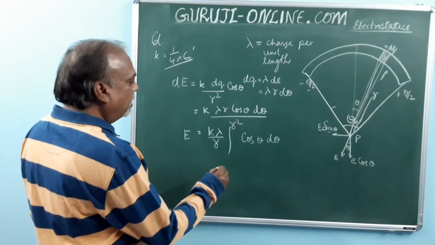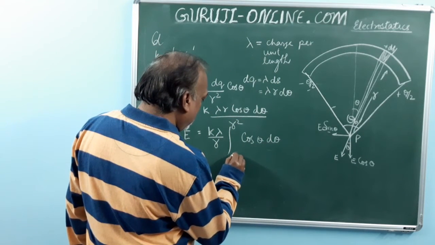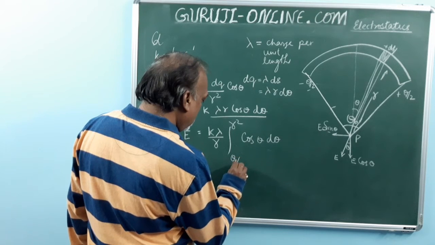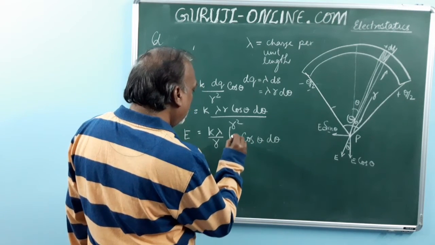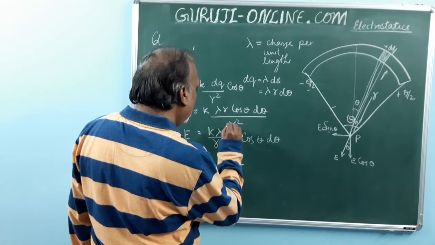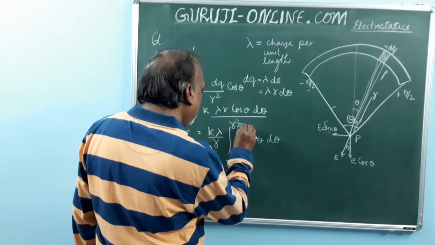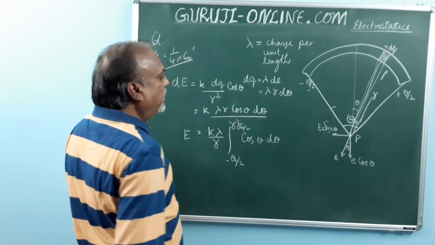So this will be sine theta 0 by 2 minus sine of minus theta 0 by 2. Correct?